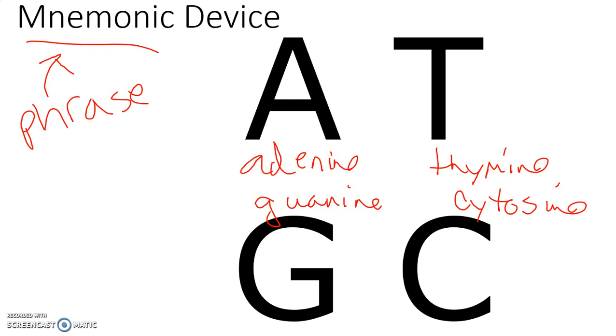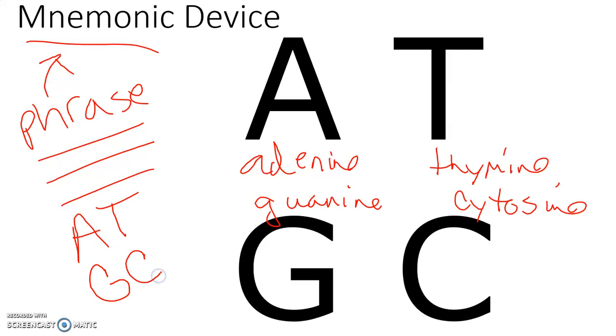And there are some phrases that students can use as a tool to help them on the test. So if I was taking a test, I would remember alto, tall, gato, cat. A pairs with T, G pairs with C. I could remember apples in trees, garages in cars.